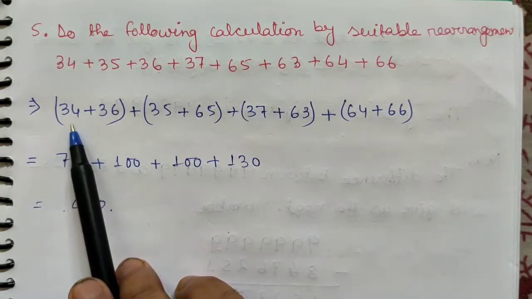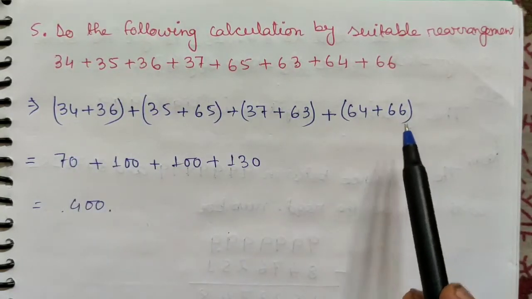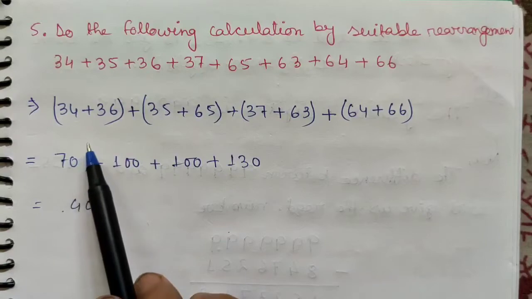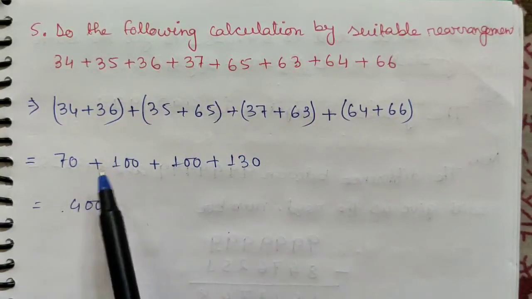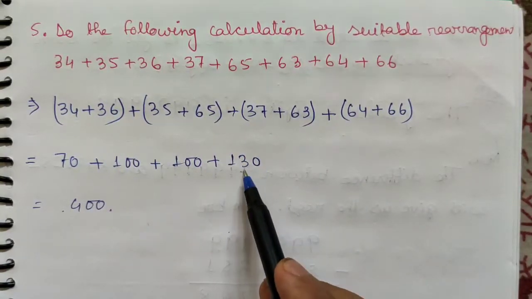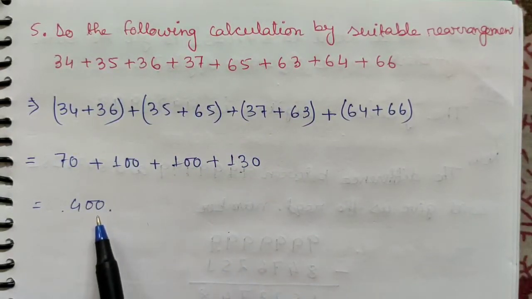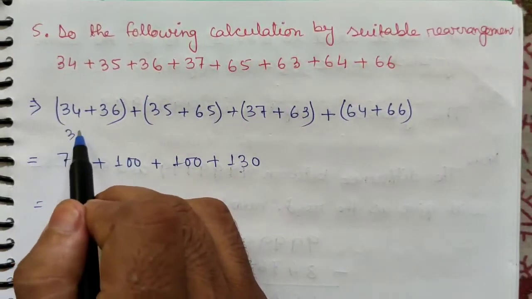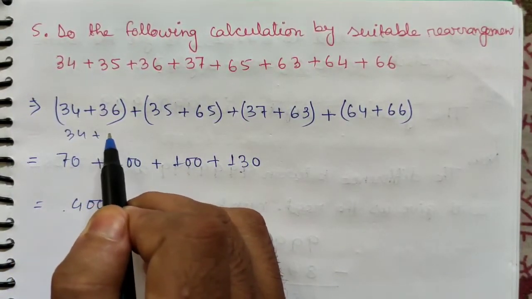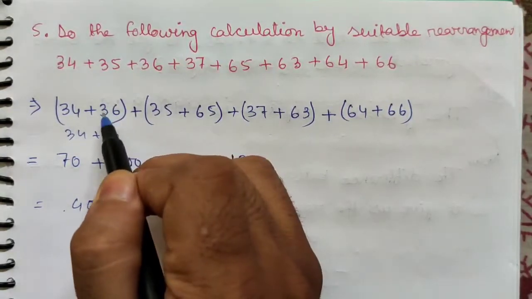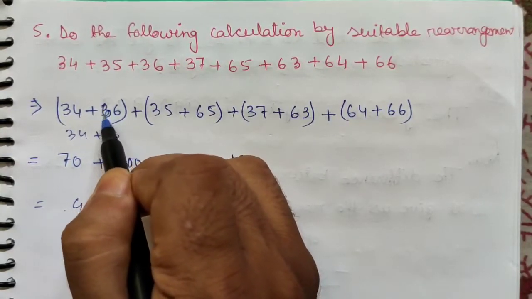Now here one thing I have done. If you add this 34 with 66, it will be what? 100. And 36 to 64, it will also be 100. That means from this all will be 100, 100, 100. It will be better for you. You do that one. Suppose here 34 plus 66, right? Not 36, it will be 66.